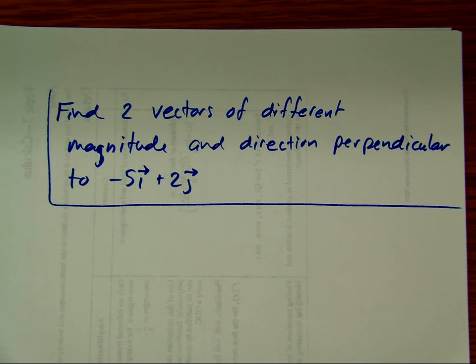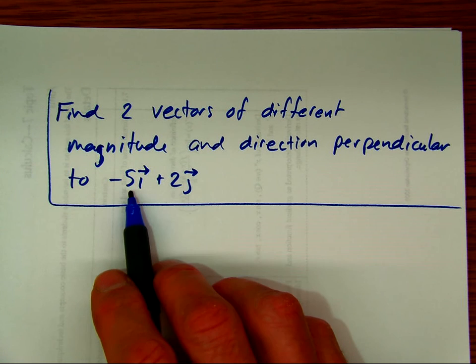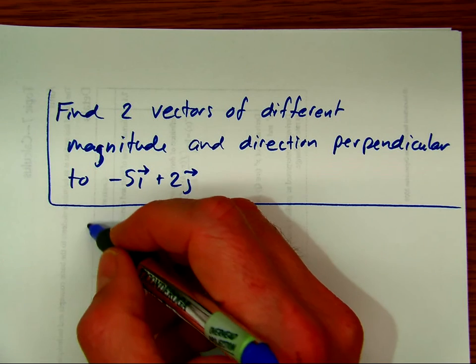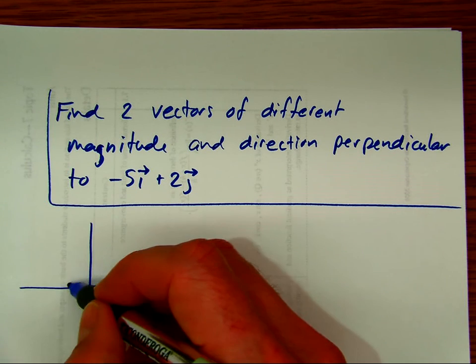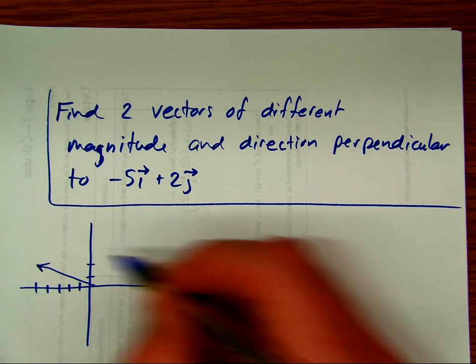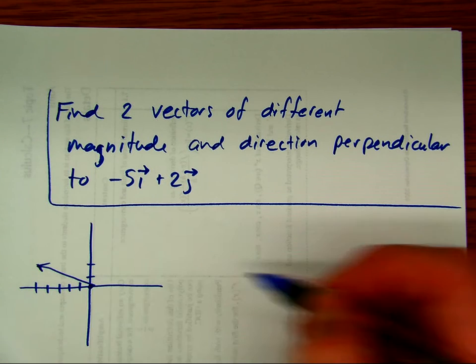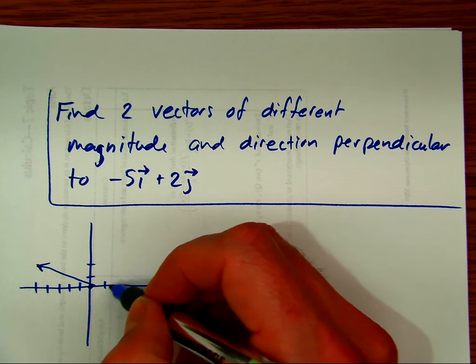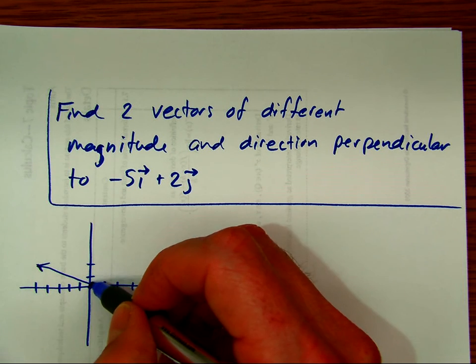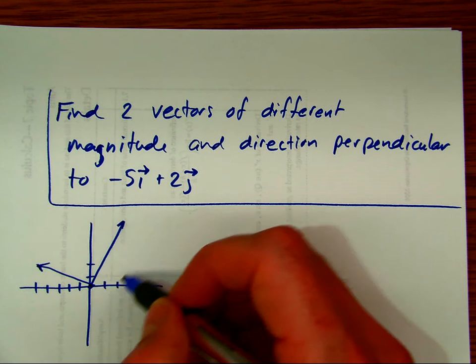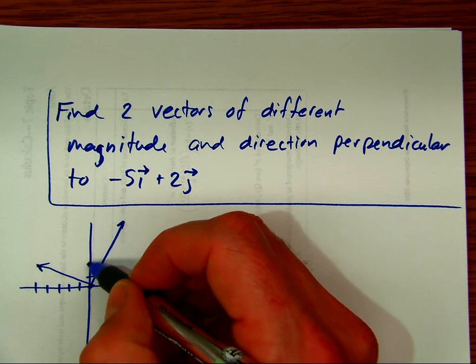Find two vectors of different magnitude and direction that are perpendicular to negative 5i plus 2j. So we could just look at vectors that are perpendicular, and if we go over 5 up 2, here we have to go over 2 up 5. 1, 2, 3, 4, 5.